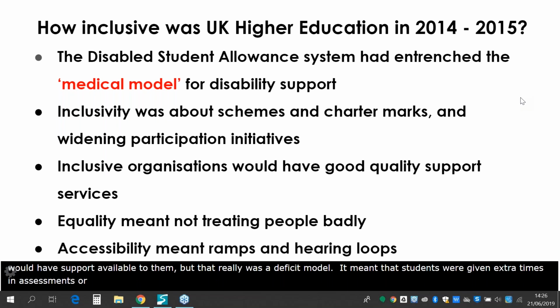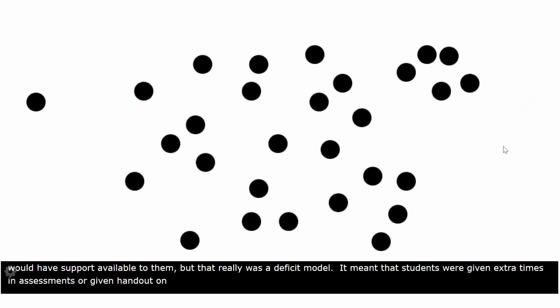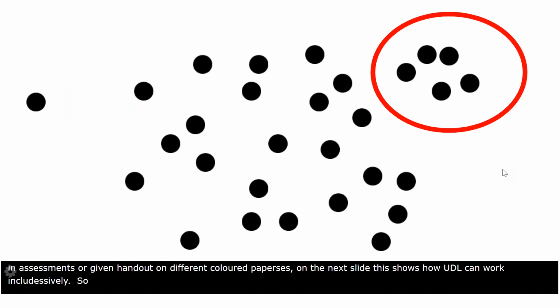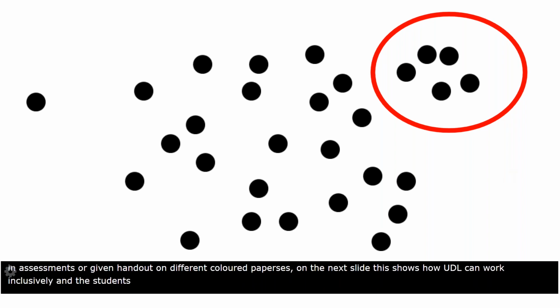So if we go on to the next slide, this really does show how UDL can work inclusively. I'm showing here all the students at De Montfort University, and the students identified in that red ring at the moment. Previously, these were the students identified as disabled, in receipt of the disabled student allowance.